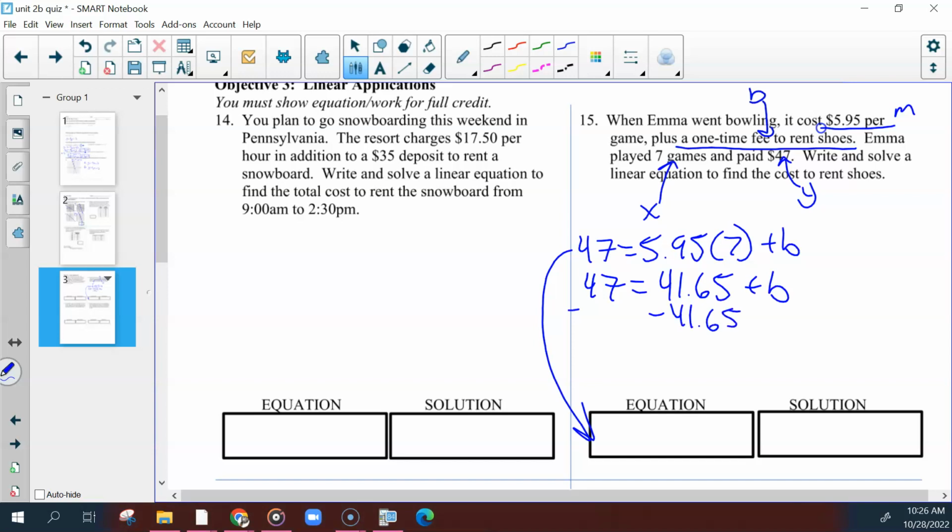I'm doing this off memory, so I don't know how accurate these decimals are. Solve it, and then put your final answer in the solution box. Make sure you label whatever you're looking for. Here we're looking for cost, so your label would be dollars. Any others?